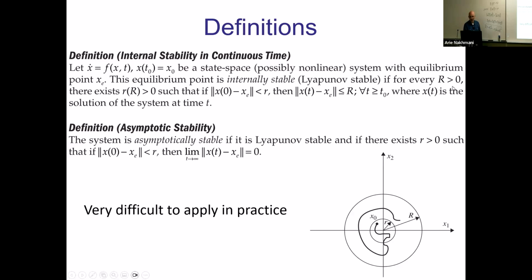So this means that if you pick a radius r larger than 0, there exists another positive radius, typically smaller, which is a function of r, such that if the distance of x0 from the equilibrium point, which doesn't have to be the origin, it could be any equilibrium point, is less than that, which means it's inside the hypersphere around your equilibrium point in n dimensions, then the distance from x(t) to the equilibrium point will be less than or equal to the radius that you picked originally.